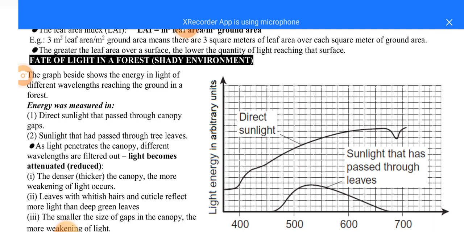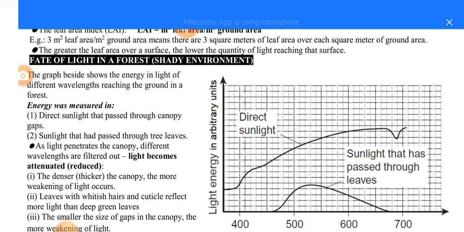Energy was measured in, number one, direct sunlight that passes through the canopy, as you can see in that graph. Then two, sunlight that has passed through tree leaves.